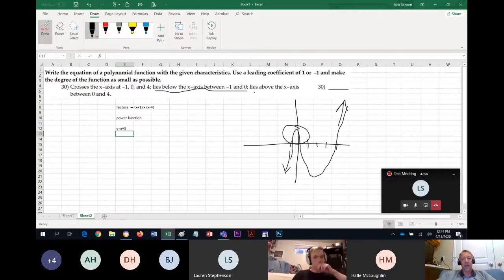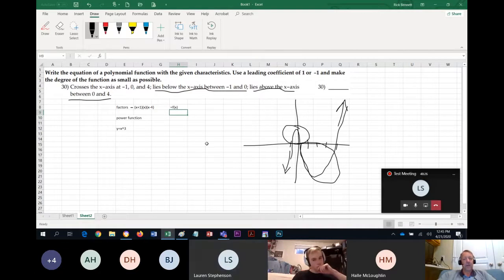Now let's make sure that it lies above the x-axis between 0 and 4. Once again, is this piece of the graph above the x-axis? No. Okay. So all I have to do is throw a negative on here, and to make it a function, I'm going to say equals f of x.